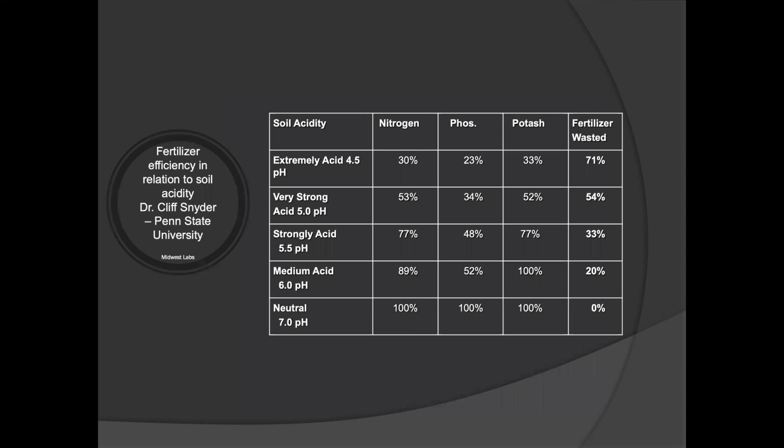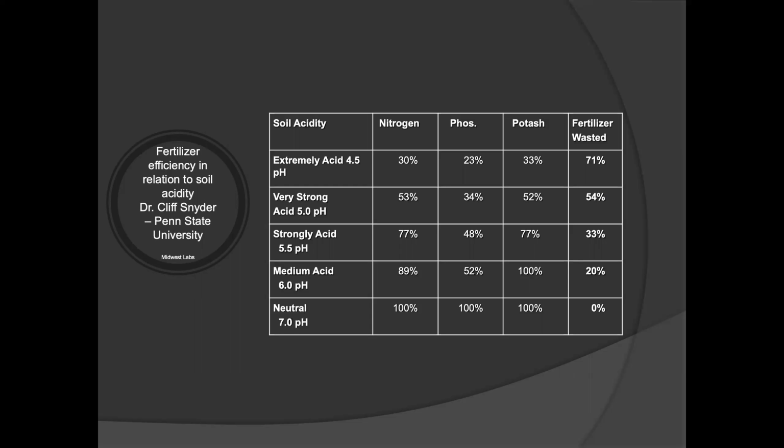So here's a chart that I got from Midwest Laboratories. It's actually from Dr. Cliff Snyder from Penn State University. And he basically figured out a chart based upon if you're applying fertilizer and you're at this soil pH, this is what you're going to be utilizing at that pH.